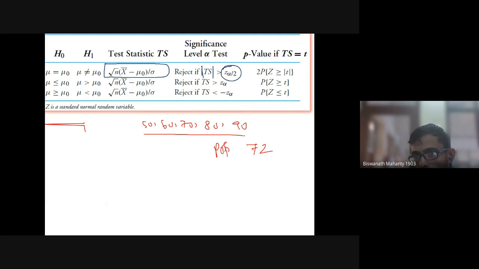If I'm making a comment like that, there are two hypotheses involved. The first hypothesis is, you assume that this fellow is telling correctly. I mean to say, this is my data and I am putting a hypothesis that the population mu will be 72. I have to validate.